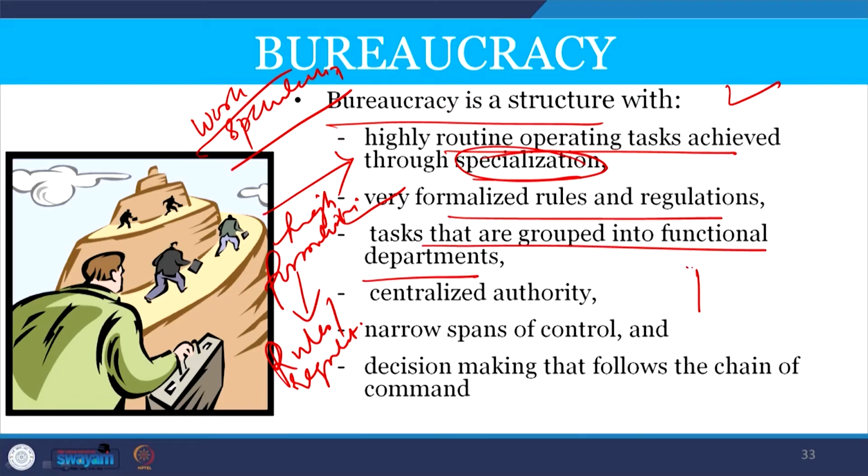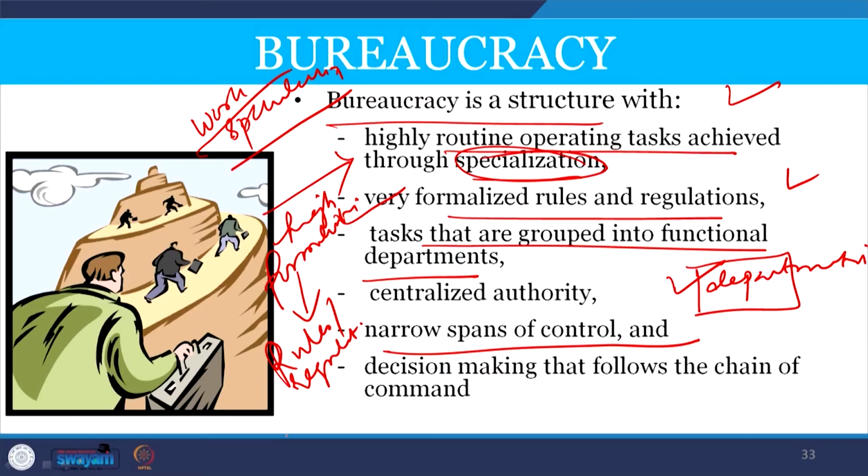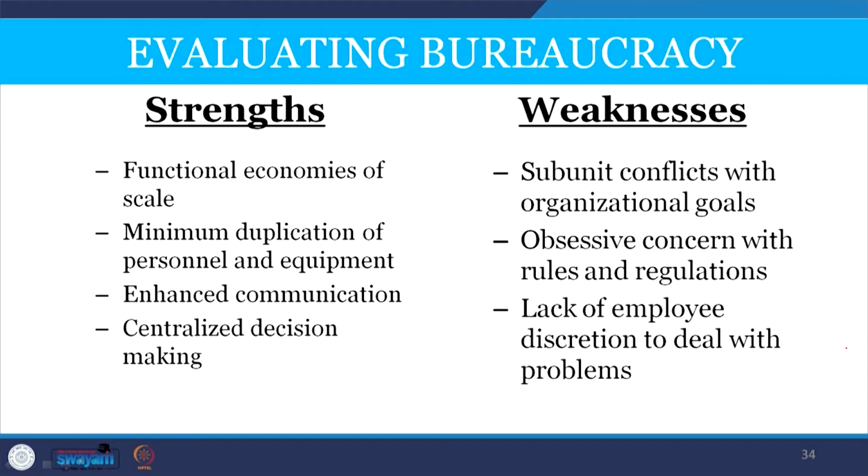There is a high degree of departmentalization, a higher degree of work specialization, formalization, a narrow span of control and more centralization. Decision making follows a chain of command. So, we come up with a bureaucratic structure. Bureaucratic structure is very similar to the mechanistic structure. The term bureaucracy has been given by Max Weber.